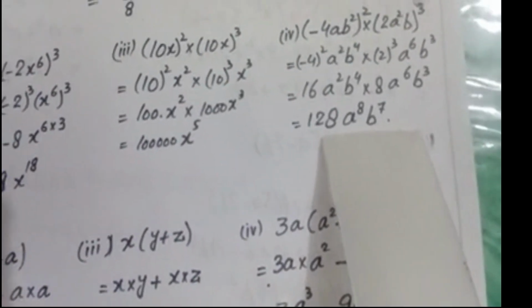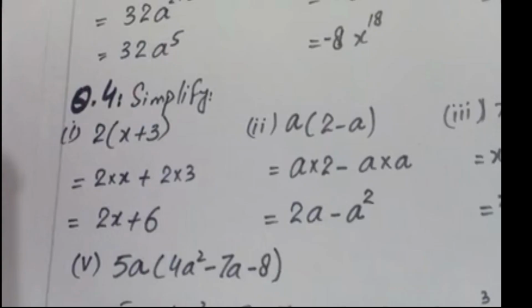Similarly in b, this is b⁴, this is b³. When you multiply them, these powers will be added. 4 plus 3 is 7. So your required answer is 128 a⁸ b⁷. This is the last part of this question.